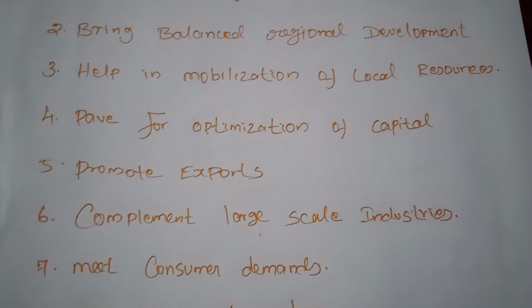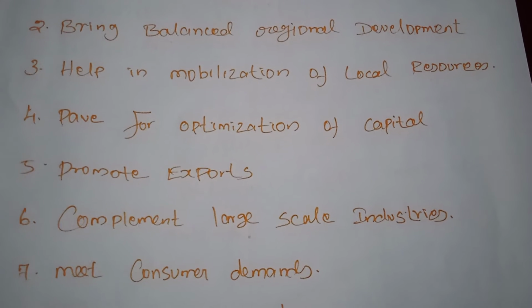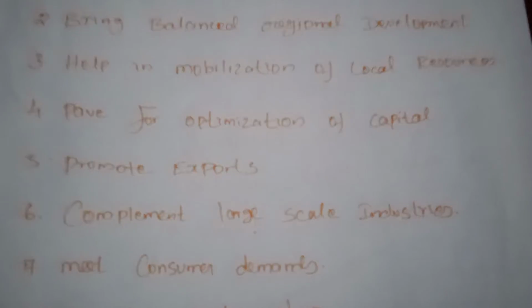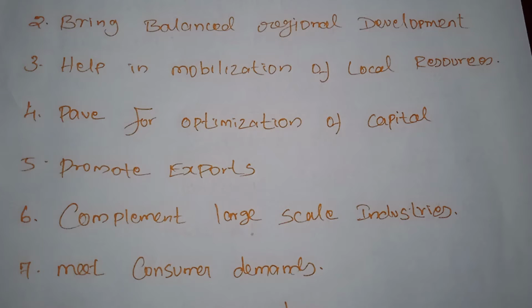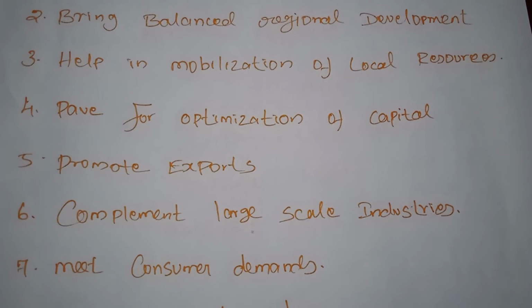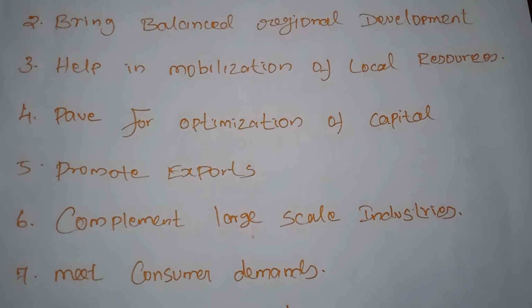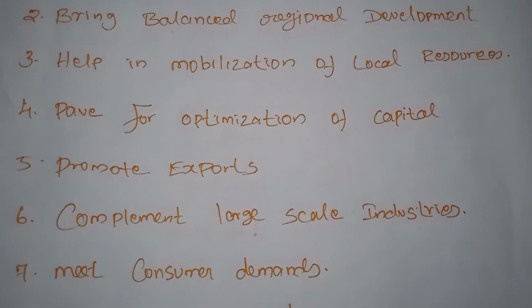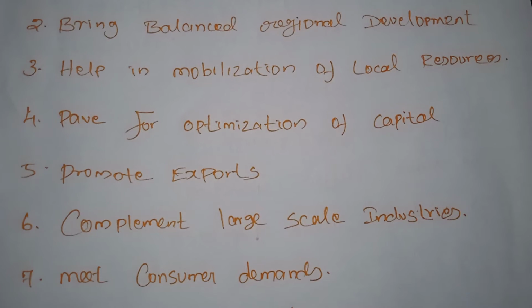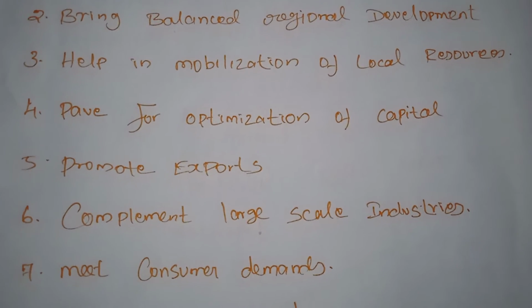Next, the small scale industries pay for the optimization of capital. The small scale industries require less capital per unit of output. They provide quick returns on investment due to the shorter gestation period. The payback period is quite short in small scale industries.